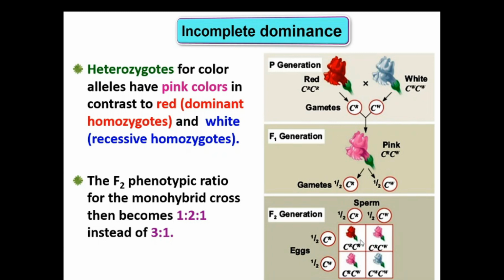So that is what is meant by the phenotypic ratio for incomplete dominance, which deviates from the Mendelian. For the Mendelian, they will have the 3 to 1 phenotypic ratio, but for incomplete dominance here, they will have a different ratio.